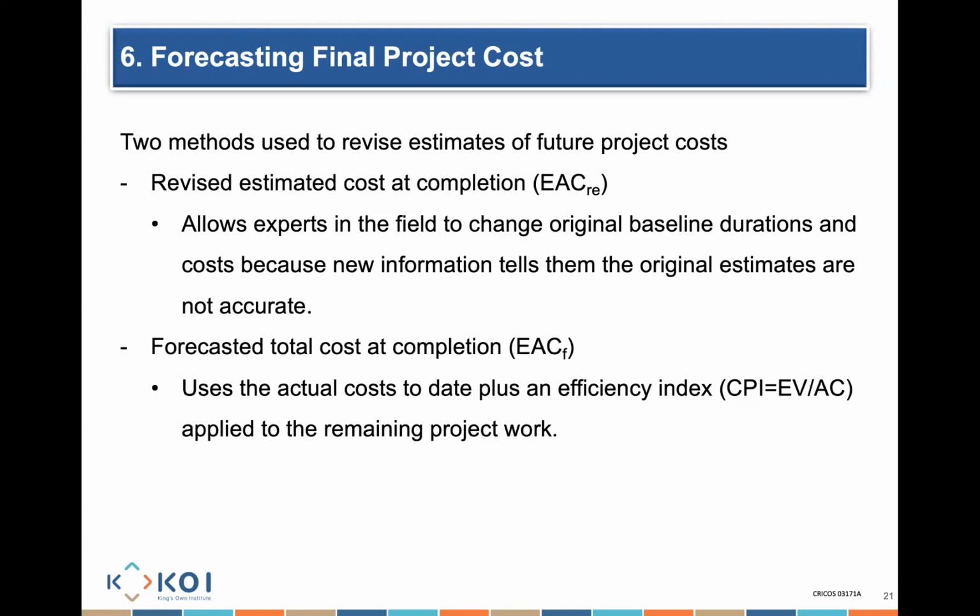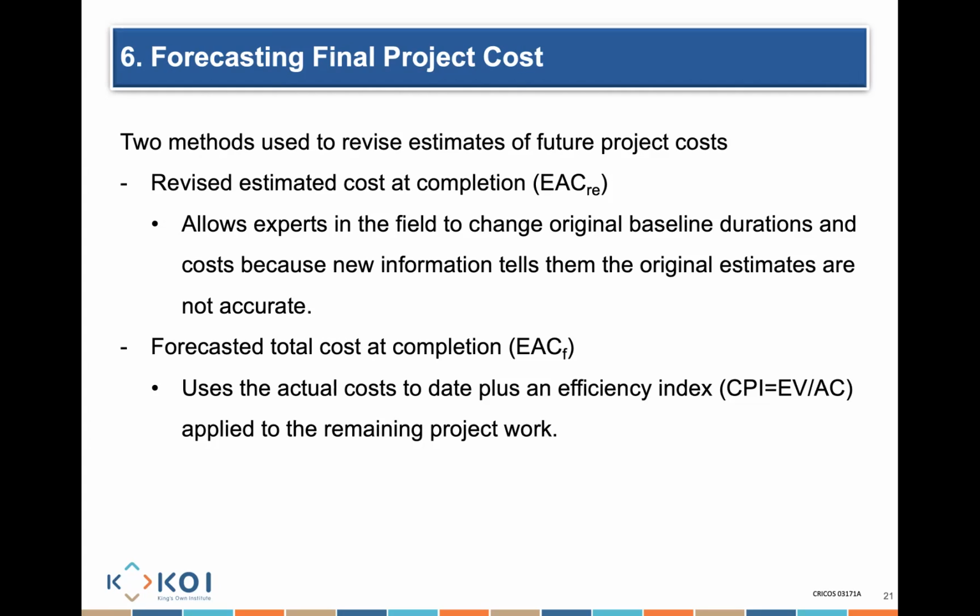Forecasting, there are 2 methods for me to revise my estimates for any potential future project cost. We could do a revised estimate at completion. It's what we call an estimate at completion revision. It allows experts in the field to change their original baseline duration and cost because they might have new information.